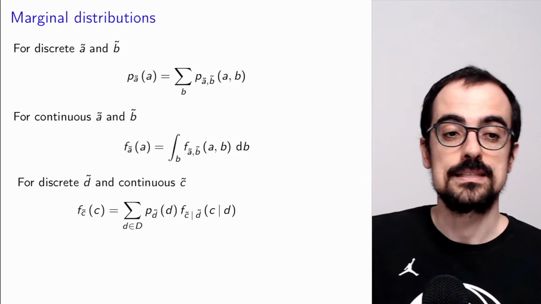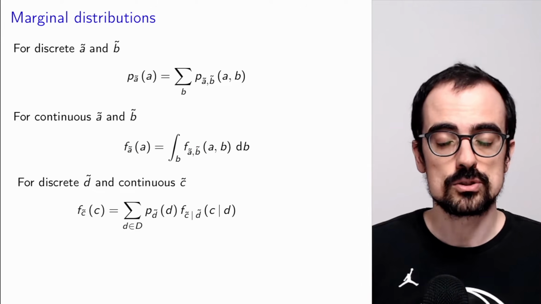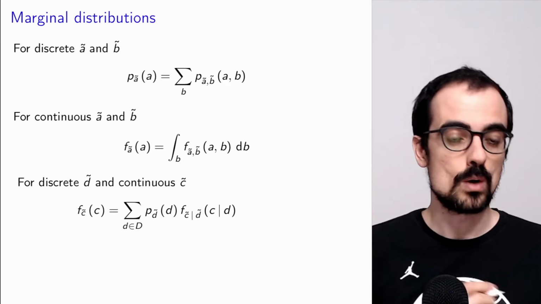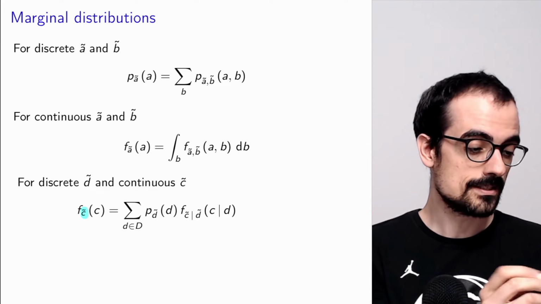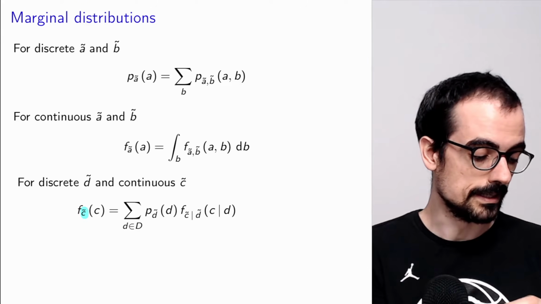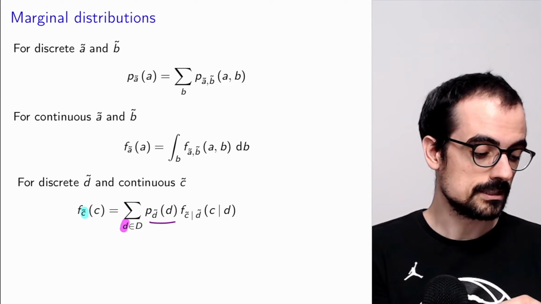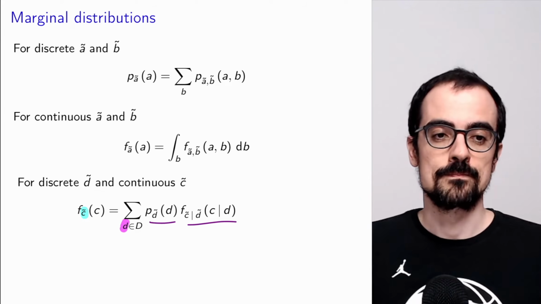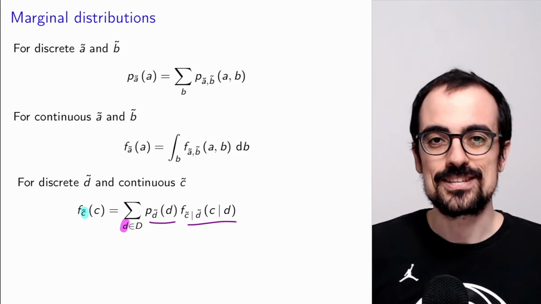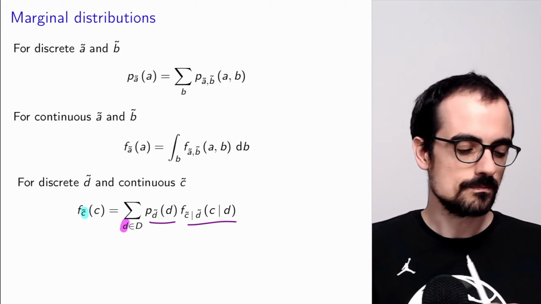Now, if you have a discrete and a continuous random variable, in the previous video on discrete and continuous random variables, we saw that if you want the marginal of C, then you can just sum over D. What do you sum? The product of the marginal PMF times the conditional PDF of C given D. Now the question is, can you do the same to obtain the marginal PMF of D?